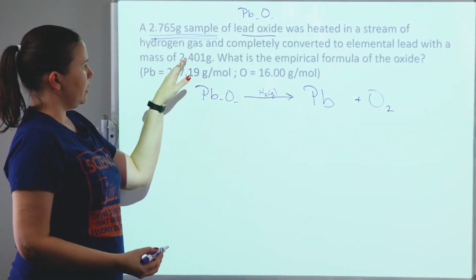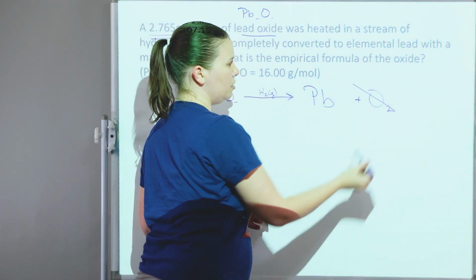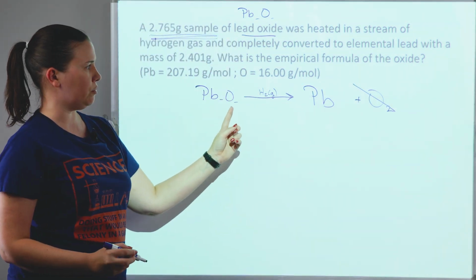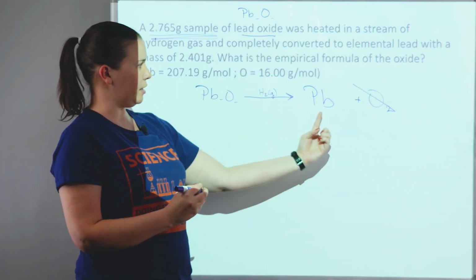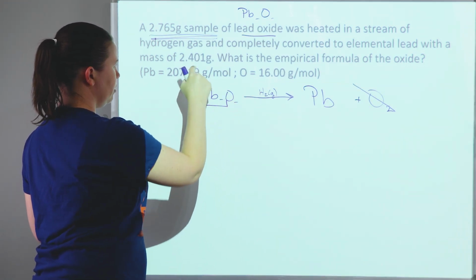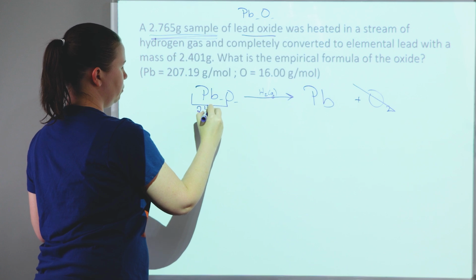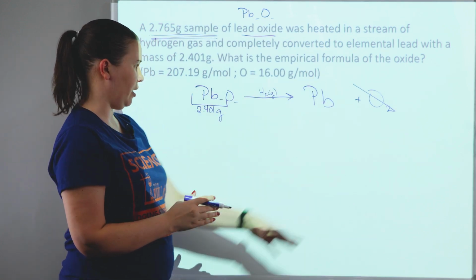What it gives me is the mass of the experimental lead. Now, it doesn't talk about the oxygen because it can get a little hinky if you start thinking about diatomic oxygen. What I can tell, because it isolates into solo lead, is however much lead this was, in this case 2.401 grams, that would be the same mass of lead in the end.